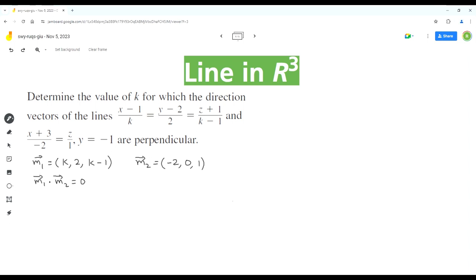Now we can sub in the vectors. Now we can do the dot product for these vectors. So we should multiply their x, y, and z components.